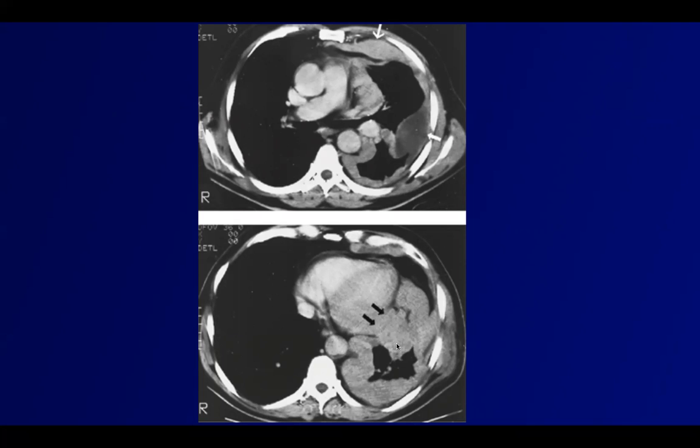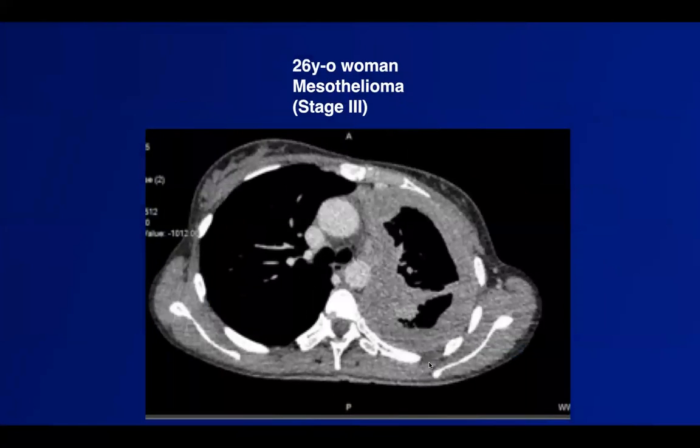This doesn't mean that the lesion is inside the lung. This means that the parietal pleural mass is so big that it fills the hemithoracic cavity, and it seems like a mass. This woman had a very extensive stage mesothelioma. Even though she was very young, she had a very extensive stage mesothelioma, and it was inoperable, unfortunately.